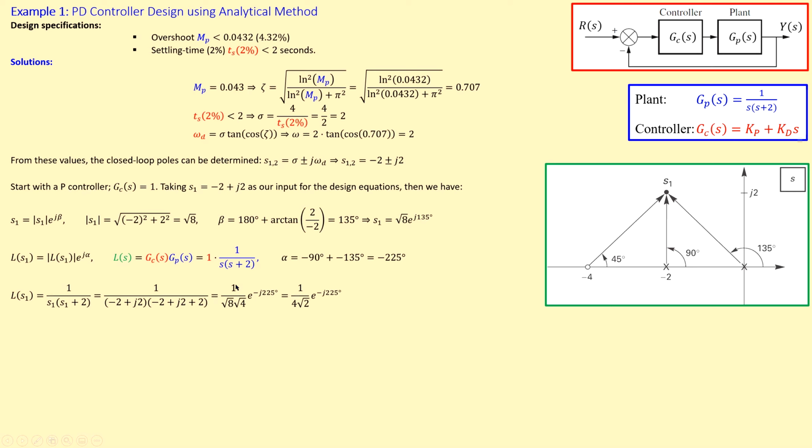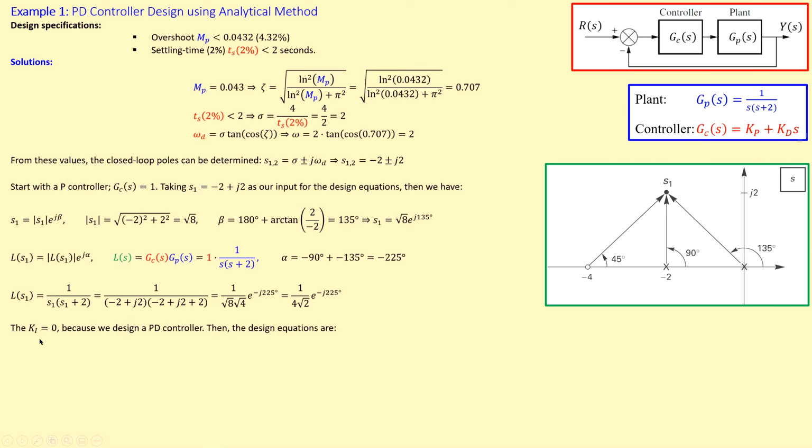You will have this expression. And we already know alpha, so if I substitute this here, this is the length of my loop transfer function, and this is the phase we have for alpha, then we have the following expression in a simplified form. So we now have the expression for S1, which is shown here, and we have the expression for L1, with its associated lengths. We need that in the design equations shortly.